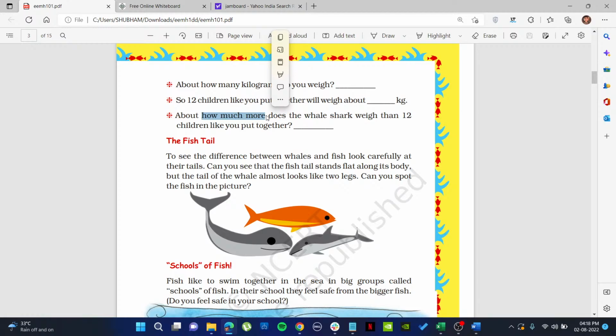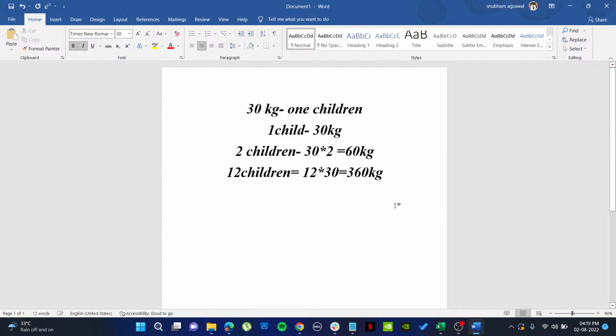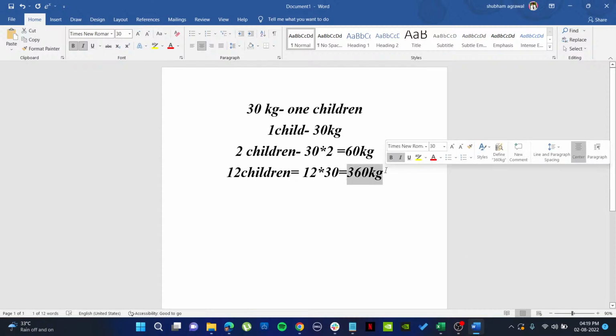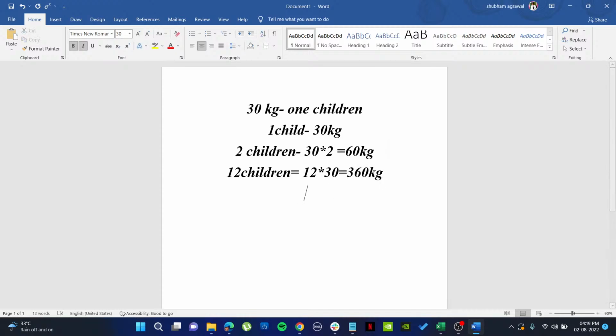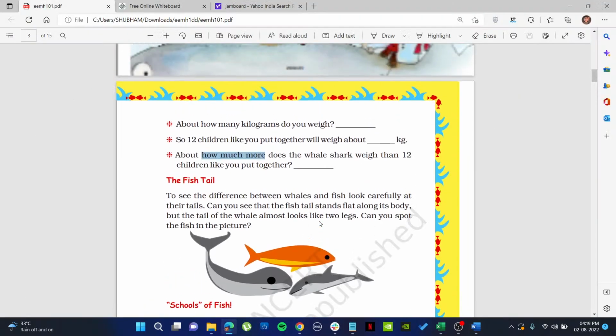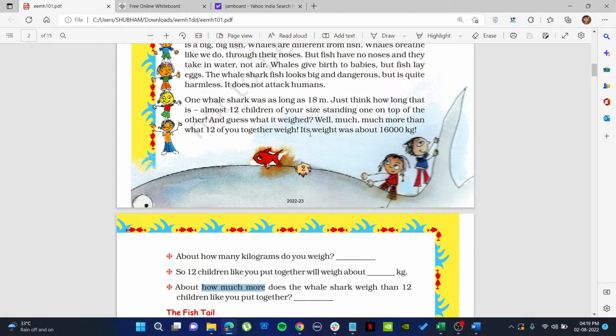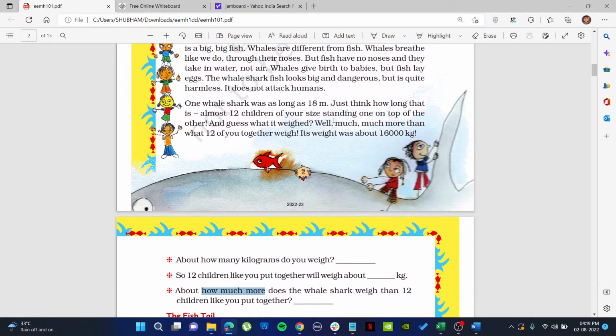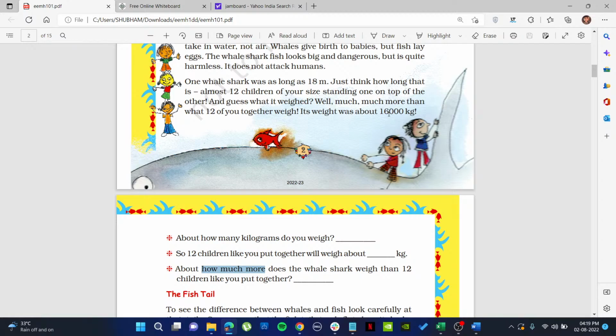Okay, so here we have just figured out the weight of 12 children, which is 360 kilogram. And earlier we have discussed the weight of the whale shark, and it was 16,000 kilogram.